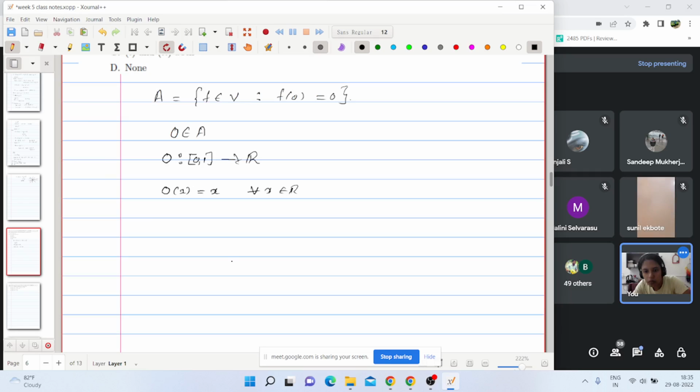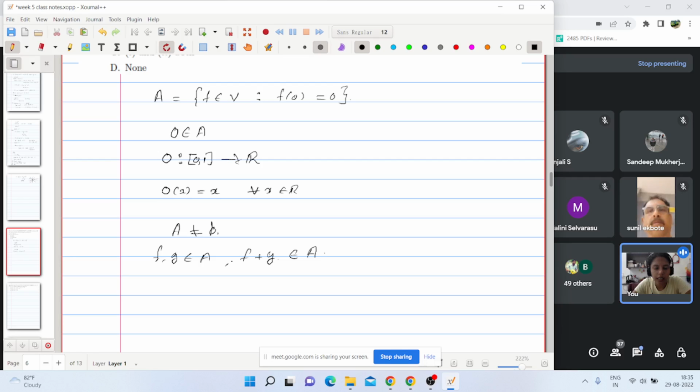Now to check the condition, if f and g are in A, what about f plus g? We need to show f plus g belongs to A. For that, what condition should we check? Closure, ma'am. We have one theorem.